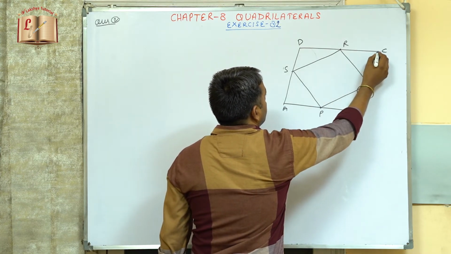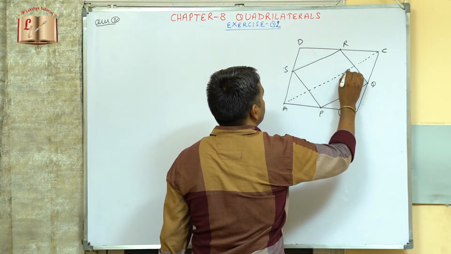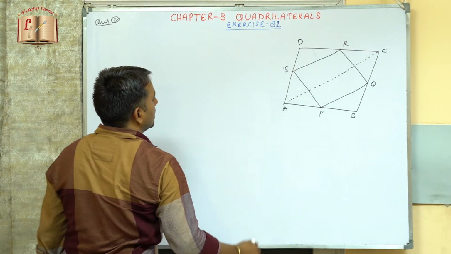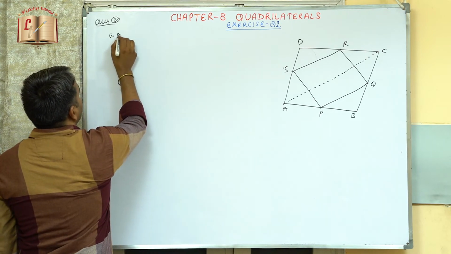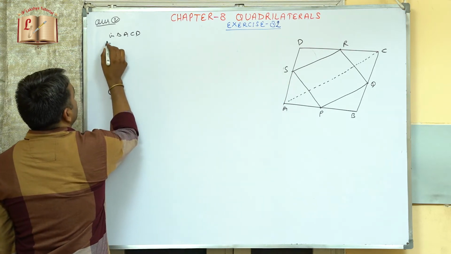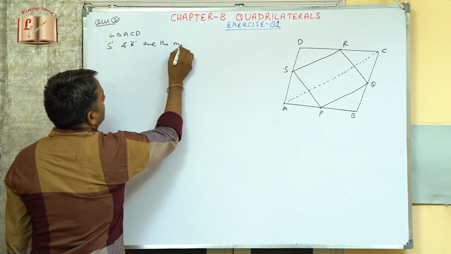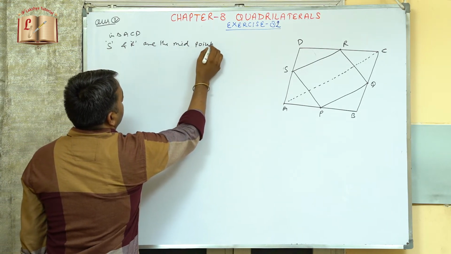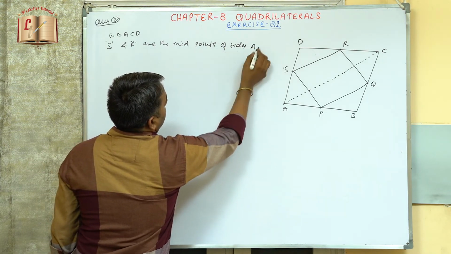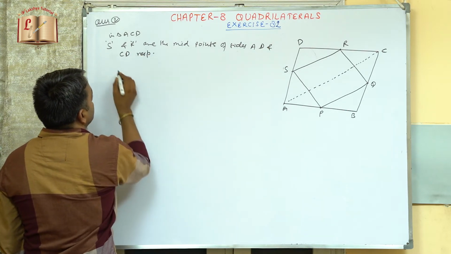First of all, we will join any diagonal. We can join this diagonal, so AC is joined now. Now in triangle ACD, S and R are the midpoints of sides AD and CD respectively.